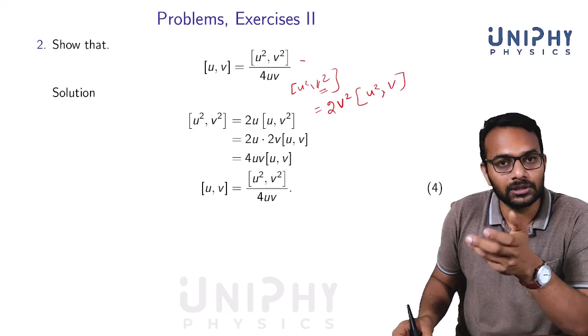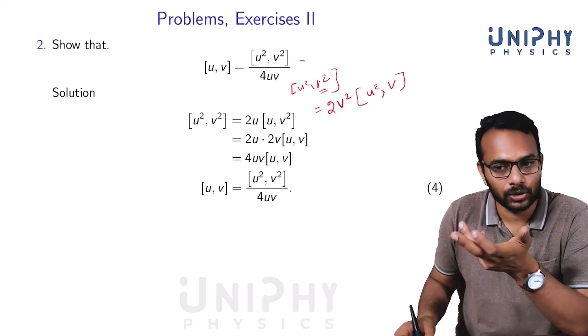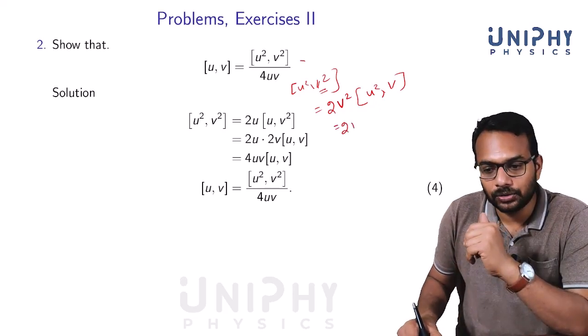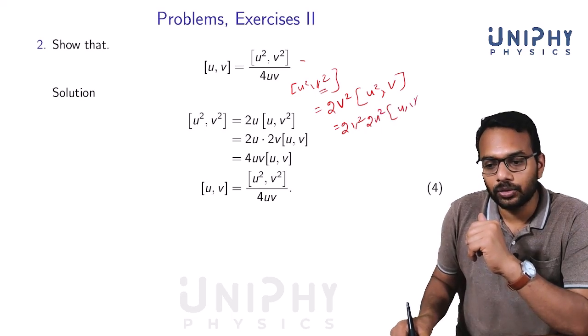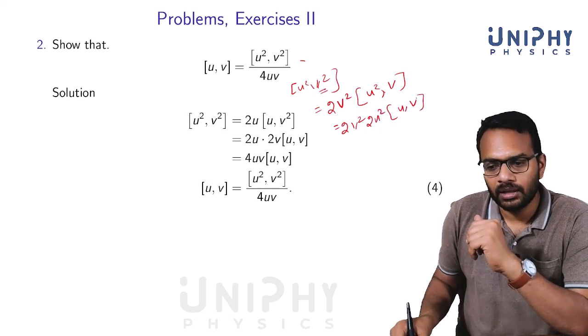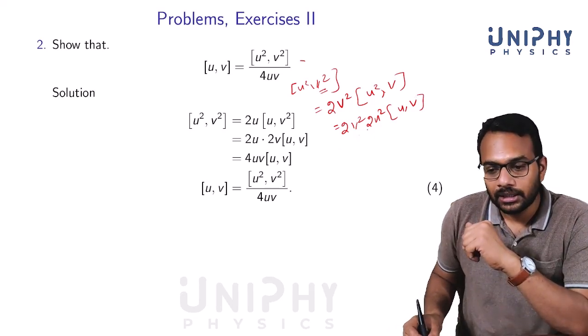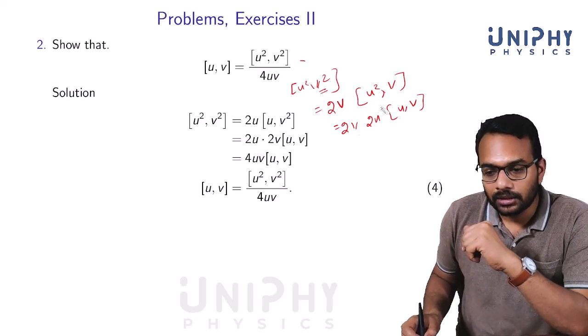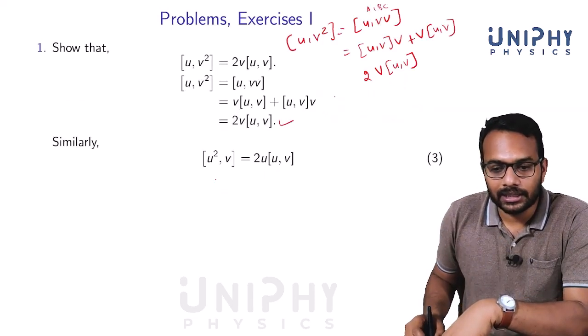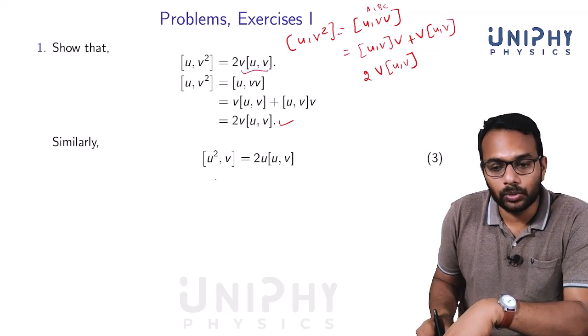We have used the previous result, but we can use the previous result once more. So this means that it's 2v and then 2u multiplied by {u, v}. I'm just using the previous result here. You can check. Sorry, there's no 2v², it's 2v. The previous result said that {u, v²} is 2v{u, v}.